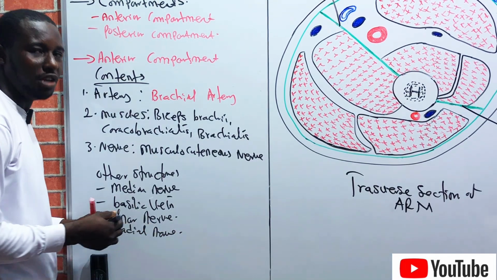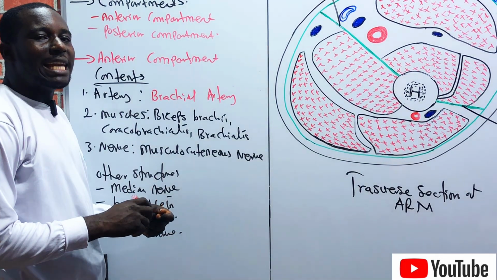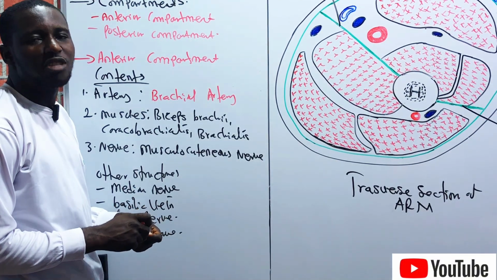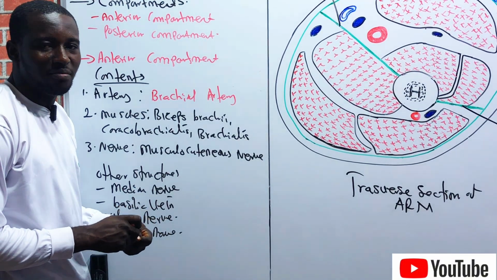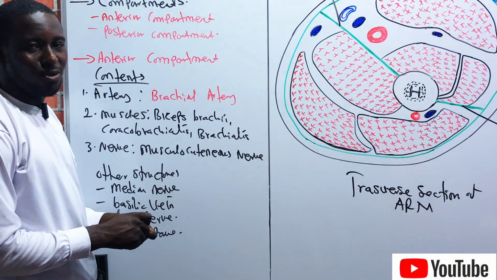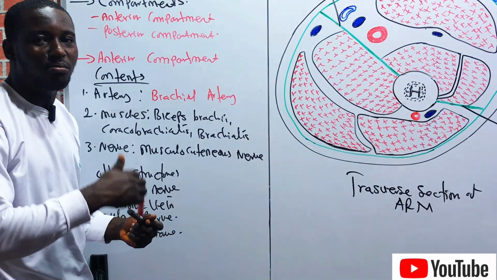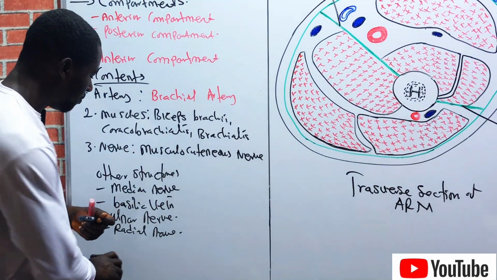Why is the radial nerve here? Because the lateral one-third of the brachialis muscle is innervated by the radial nerve, while the medial two-thirds is innervated by the musculocutaneous nerve.